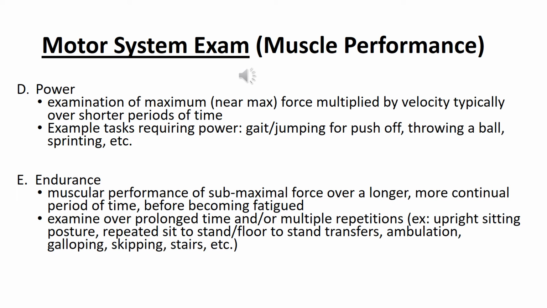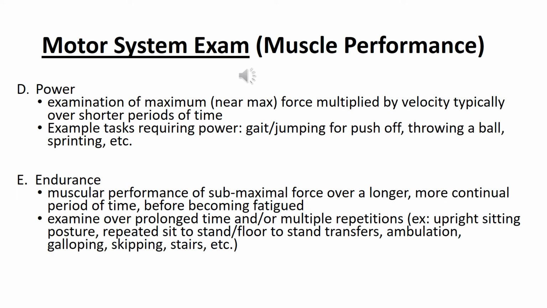In addition to strength, you want to consider ways and strategies in which you can examine both power and endurance in the pediatric population during an examination. When you think about the concept of power, this is really taking a look at a child's ability to perform a near max or maximal contraction, or force multiplied by velocity, and this is usually over shorter periods of time.